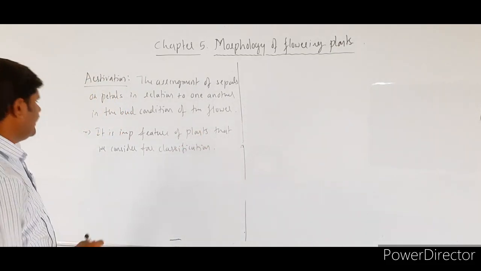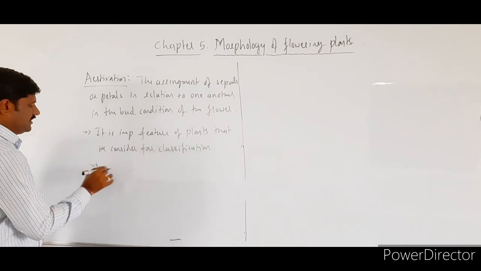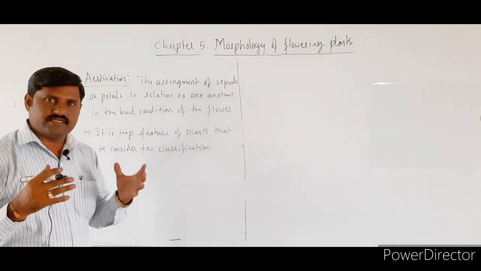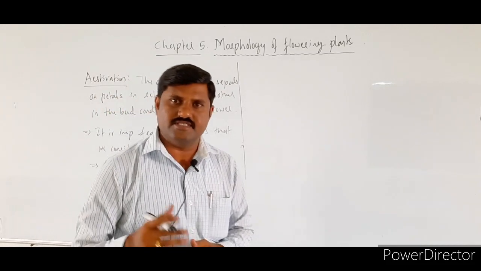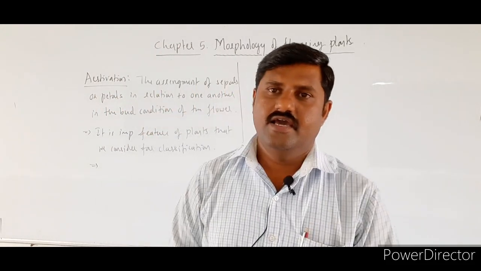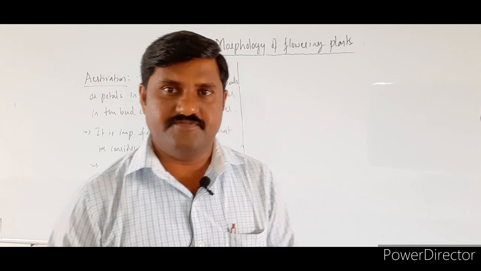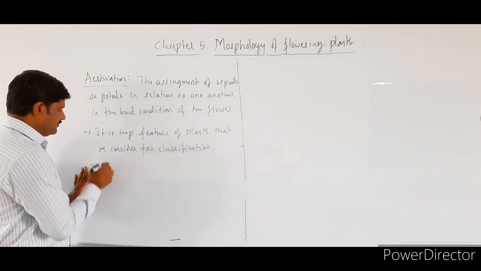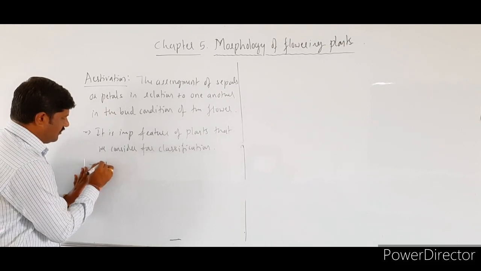So there are different types of estivations that we come across. It is how the calyx, that is, how the sepals are arranged in the flower and how the petals are arranged in the flower. So let us study now.